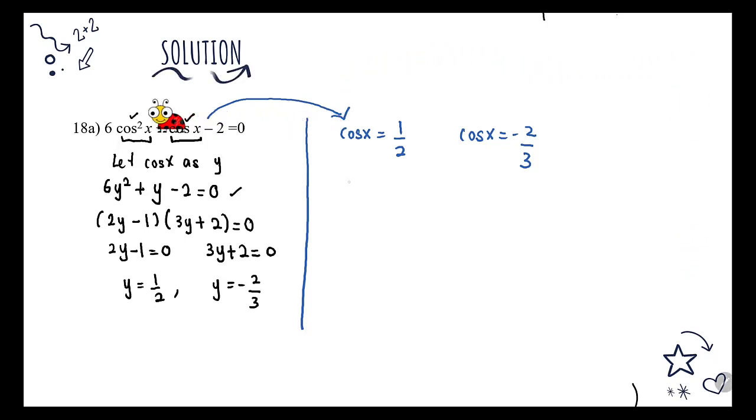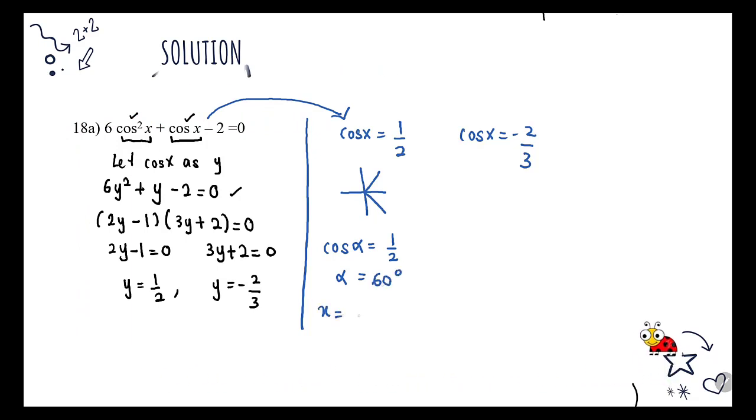Cos x equals 1 over 2. I hope you can remember, when we try to solve this, first we're going to check the quadrant. Since this is positive cos, we will have angles in the first and the fourth quadrant. So we're going to find the reference angle, which is cos alpha is 1/2, and we will get alpha as 60 degrees.